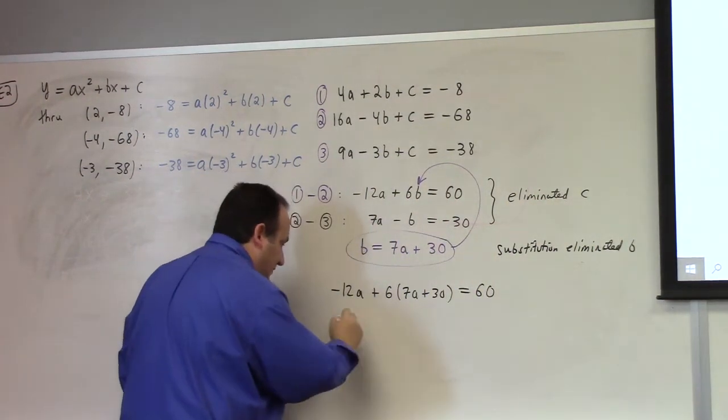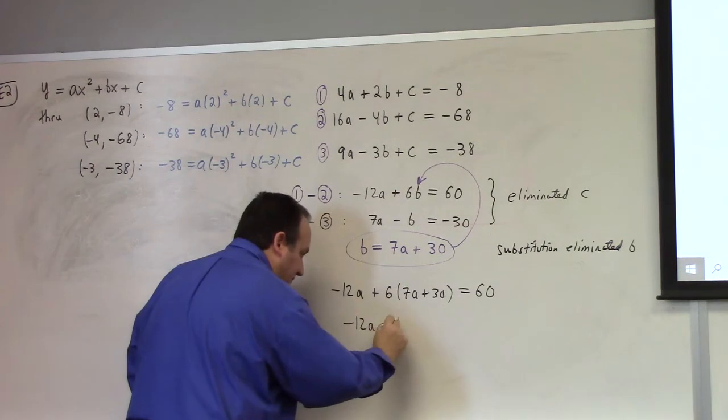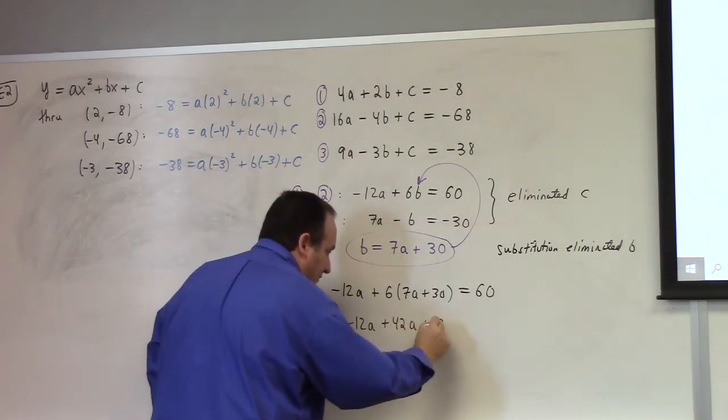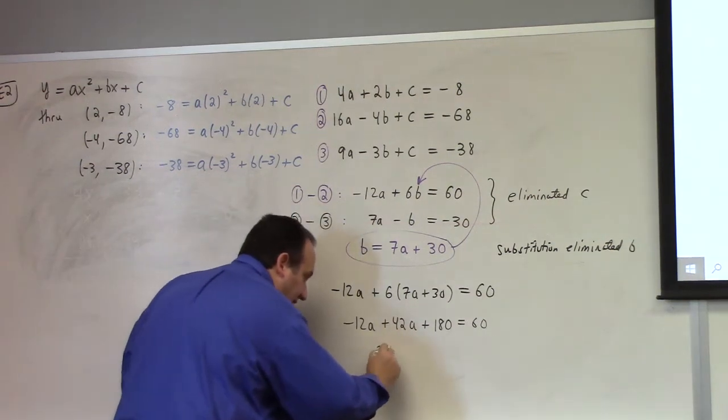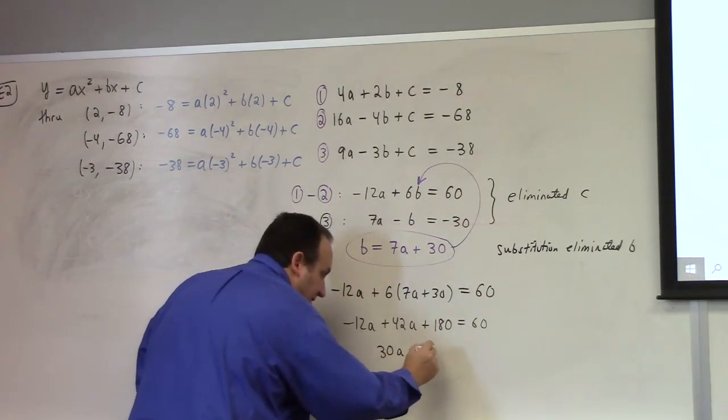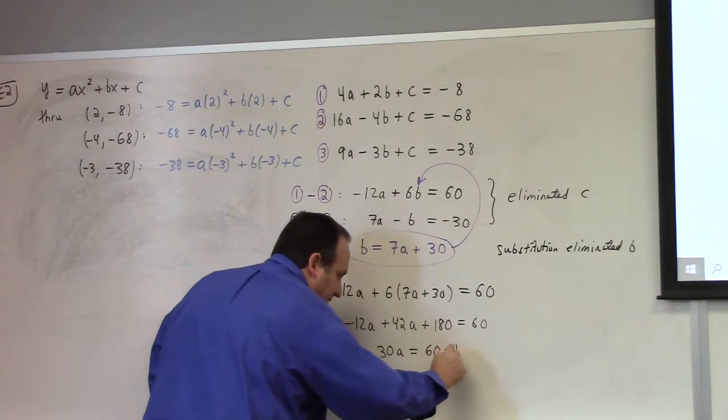And then what I'm looking at here is minus 12a plus 42a plus 180 equals 60. So that gives me 30a is 60 minus 180. What's 60 minus 180?